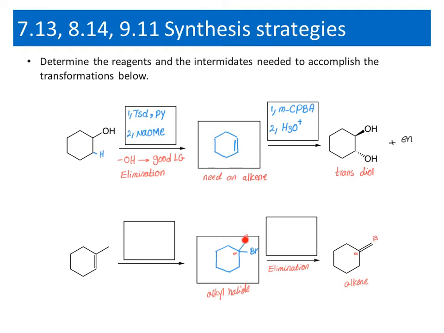However, this beta proton was abstracted to form our desired product, which is the less substituted alkene. So this alkene is a Hofmann product. Therefore, we need a bulky base such as tertiary butoxide to complete this transformation.